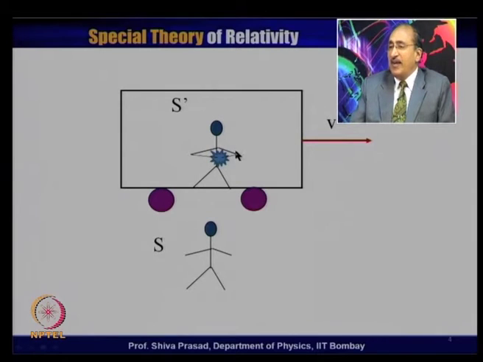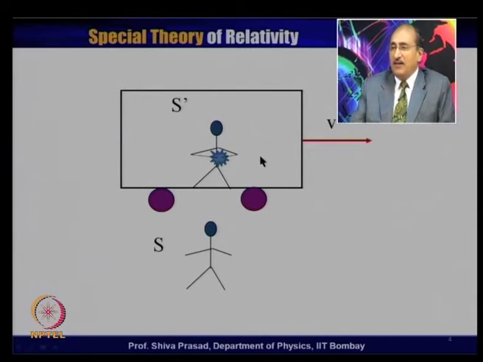Let us assume the y direction is along the top. So, this particular light is being flashed from the floor. The light goes up, as seen by the S prime observer, vertically up and then comes back. This is the situation as observed by an observer S prime in this particular train.